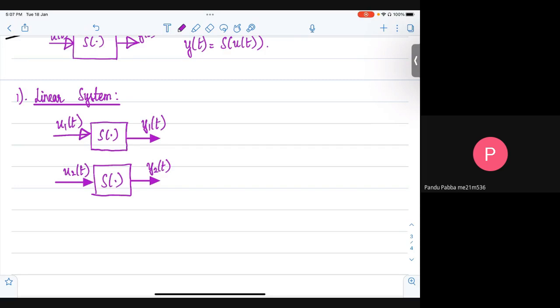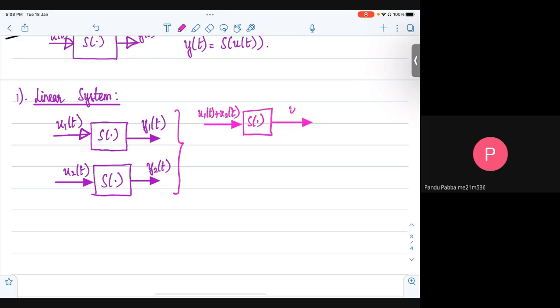Okay. Now, if I provide an input to the system which is the sum of the two inputs, U1 and U2, if the system were linear, I need two conditions to be satisfied.